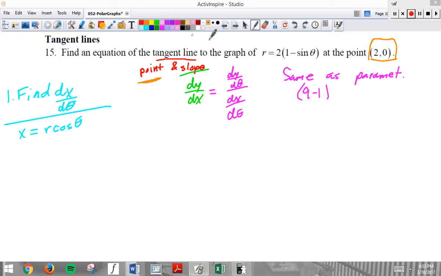Now, to make it simpler to plug in, let's replace this with r equals 2 minus 2 sine theta.